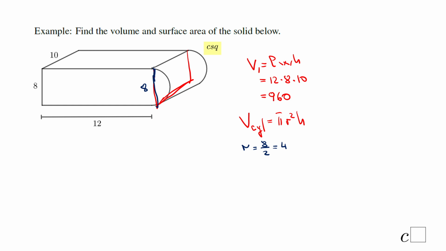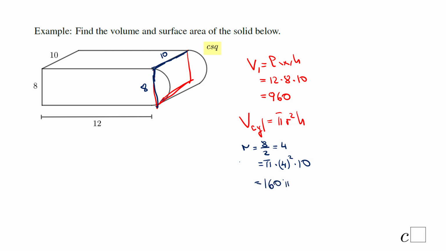And the height, this height, or the one that I do here, I know it's not perfect, is this 10. So we can go back here and say, the volume of the cylinder now is pi times r squared, it's 4 squared, and the height is 10. So we have here 16 times 10, 160 pi.